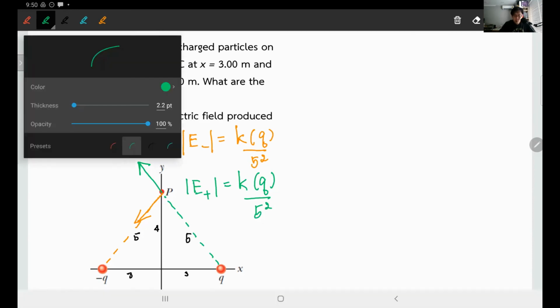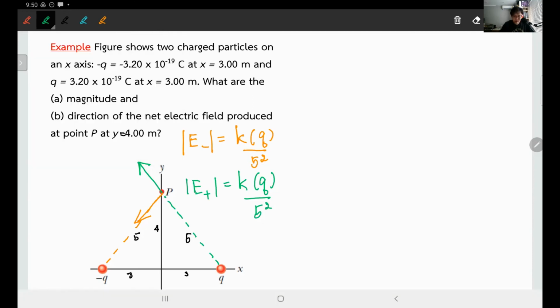Except now, of course, once you add these two together, the components that turn out to cancel are now the vertical components, because these two vectors have the same magnitude. So once you break into two components, the vertical components cancel.